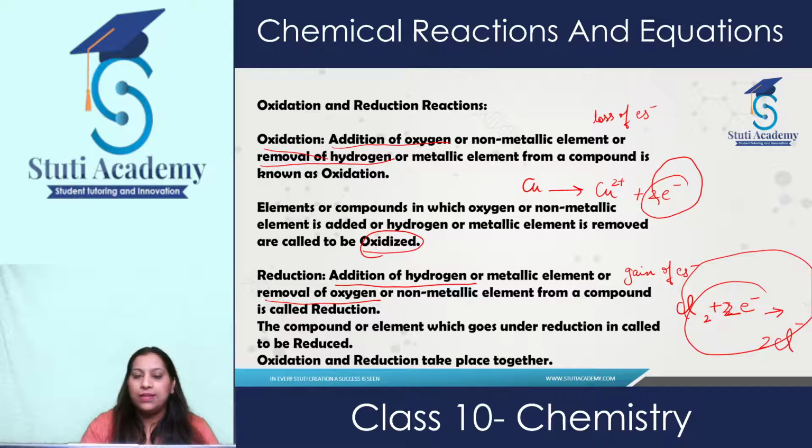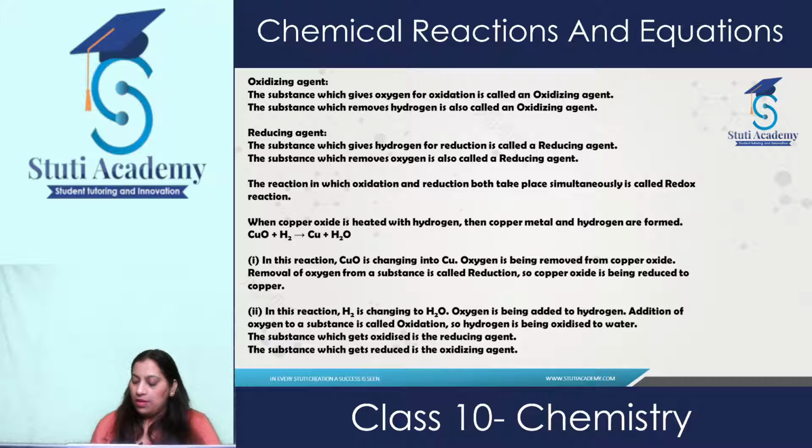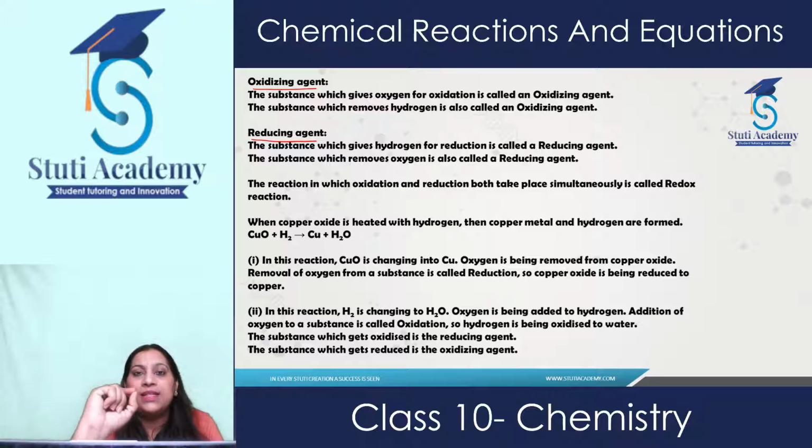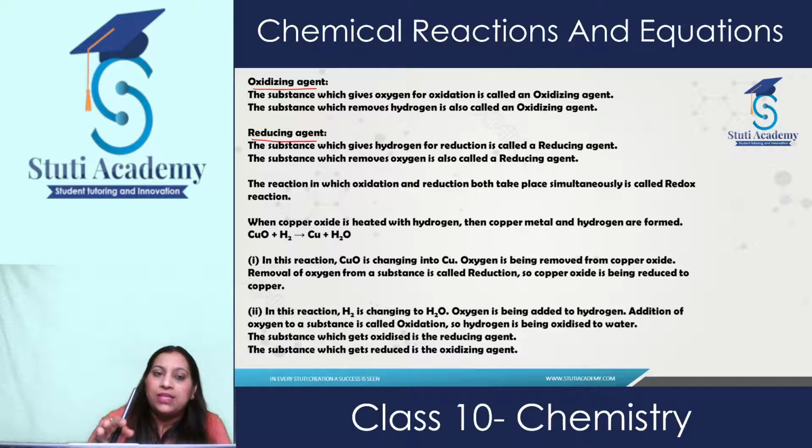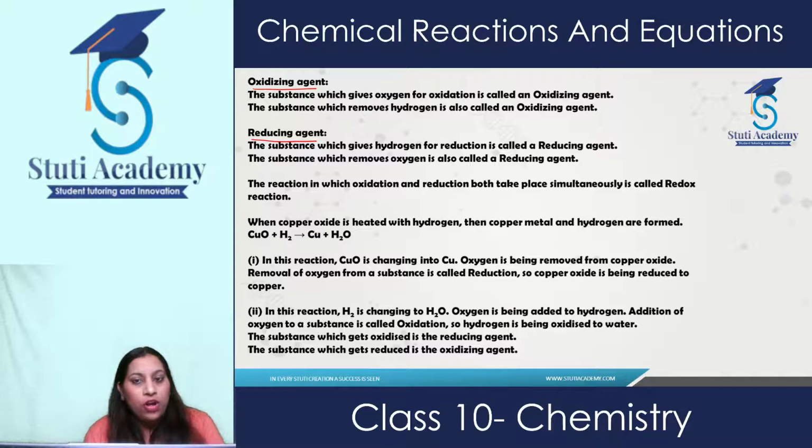Before I start with another kind of reaction, I'll explain a few more terms to you: oxidizing agent and reducing agent. The oxidizing agent is that substance which gives oxygen for oxidation or removes hydrogen.